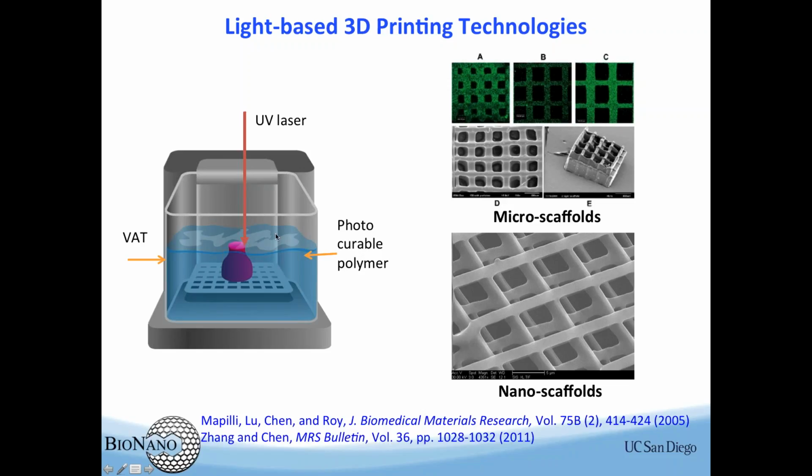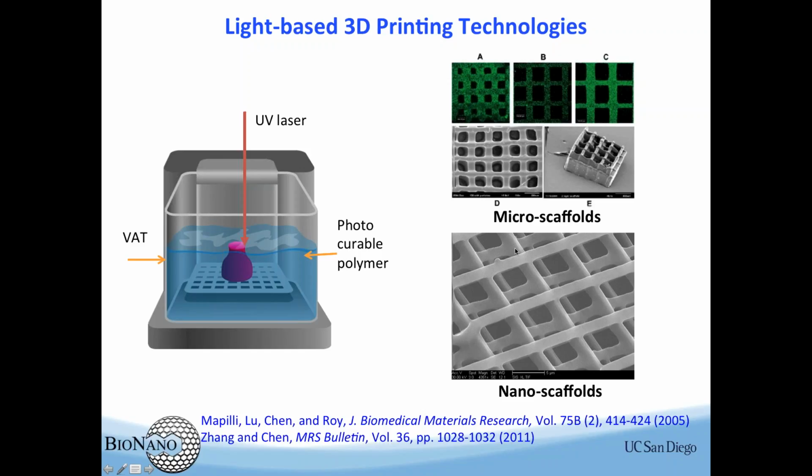So from a printing resolution point of view, here we don't have clogging, we don't have shear force. And light allows you to focus down to micro scale or even nanometer scale. So on the right side, that's the work we did like 10, 12 years ago. Then we can create all these micro scale scaffolds using such light-based processing.